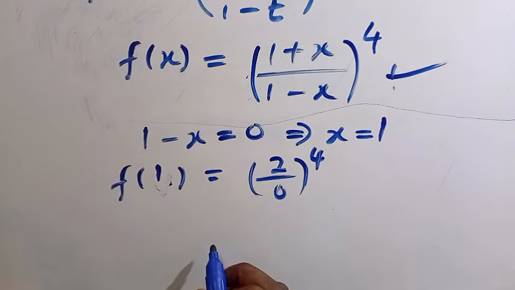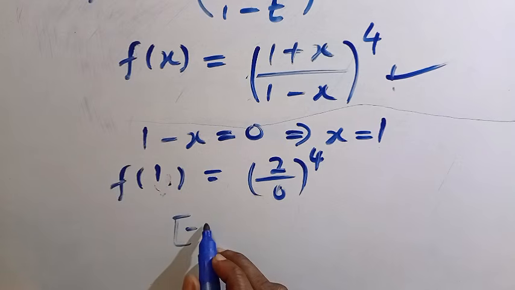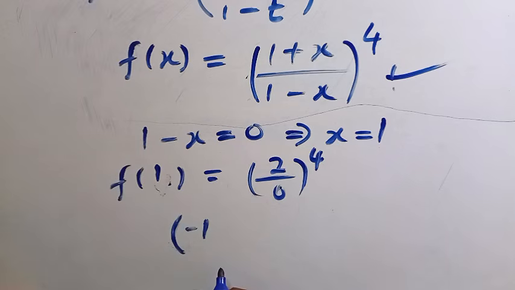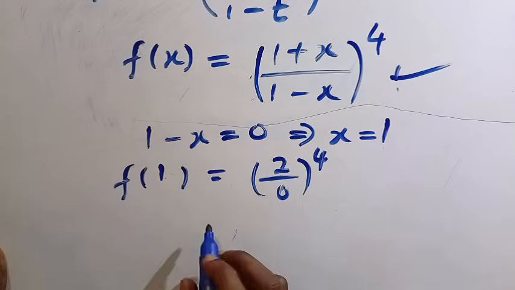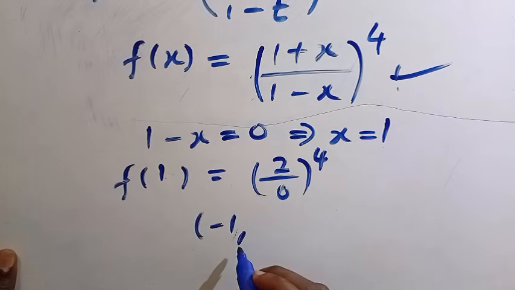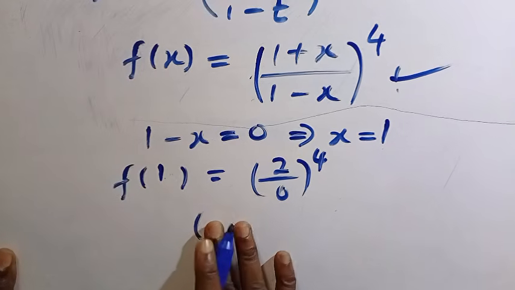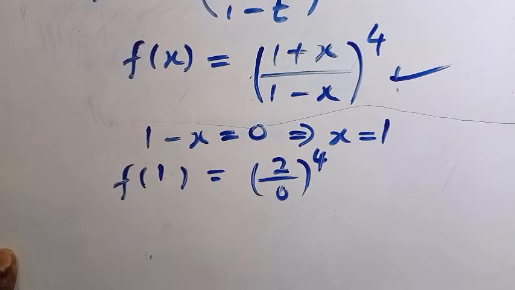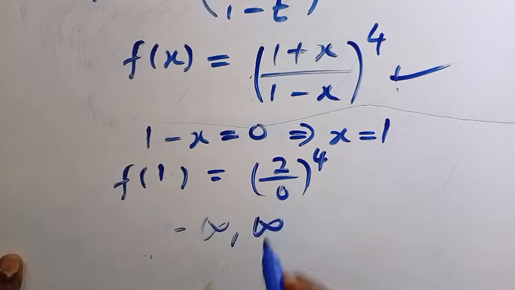So to write the domain of this function properly, since all the negatives are satisfied and all the positives are satisfied, including 0, except 1, we can say from negative infinity to positive infinity, excluding 1.